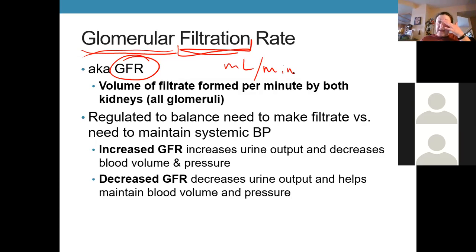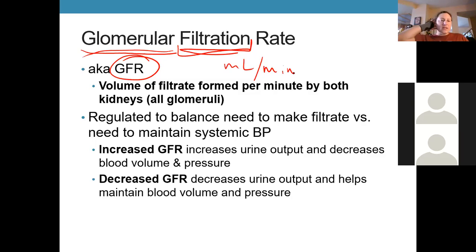And this rate can be adjusted in order to make sure that the kidneys are always making an appropriate amount of urine, but that we're not sacrificing the blood pressure of the entire body in order to do it. Because we do lose some amount of volume as we make urine, we don't want to decrease blood volume, decrease blood pressure, and then affect the perfusion of the rest of the body.